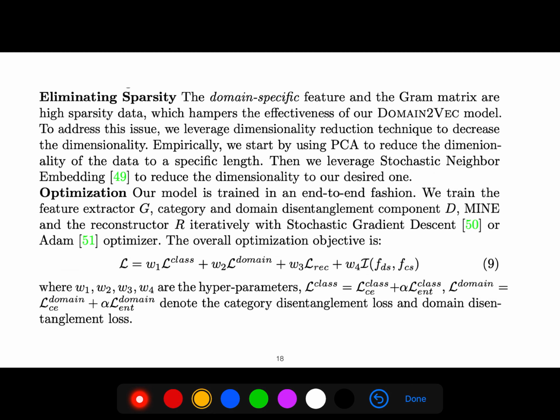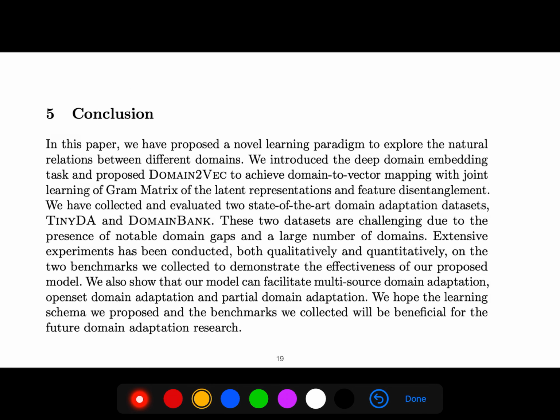And then they eliminate sparsity, as the domain-specific feature and Gram matrix are high sparsity data. And then, so we have different kinds of losses: class, specific domain, reconstruction, and this mutual information. And that's it.